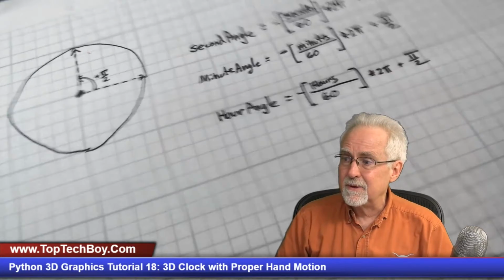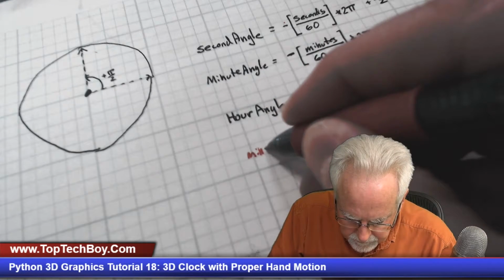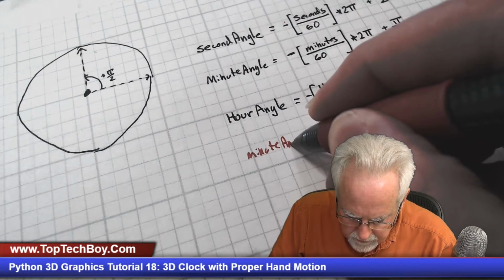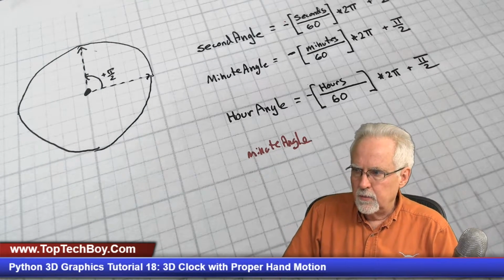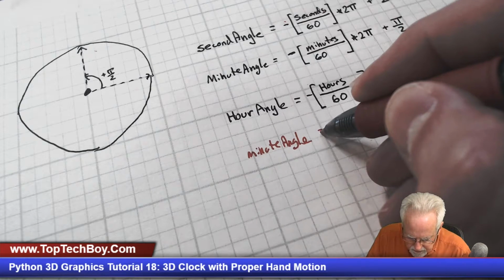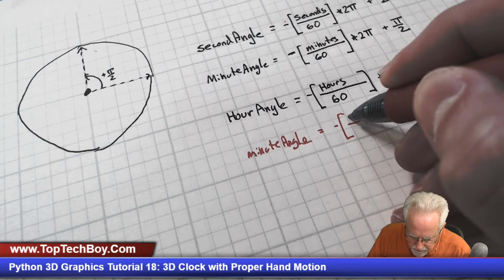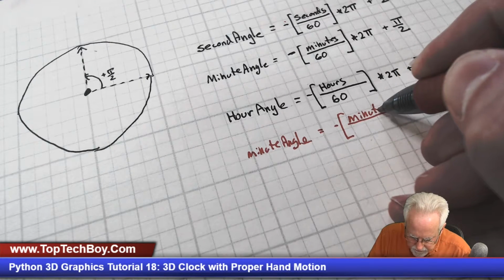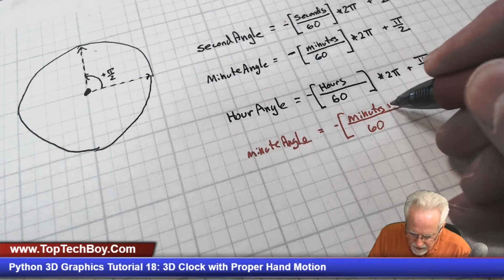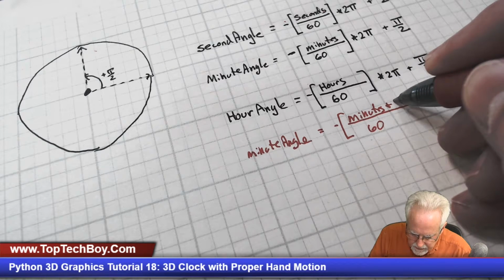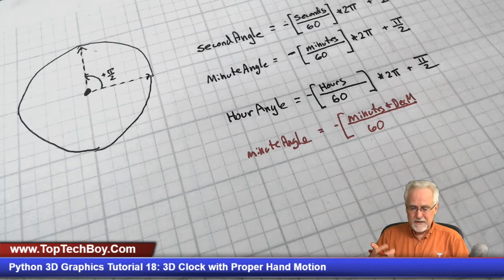And to make it simple, we're just going to say this. We're going to say minute angle, our new, improved minute angle. It is going to be minus like we had before, and then it is going to be minutes divided by 60, this whole thing divided by 60, but then I want to add some decimal minute, like what decimal minute do I have?